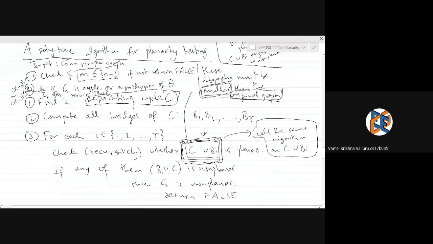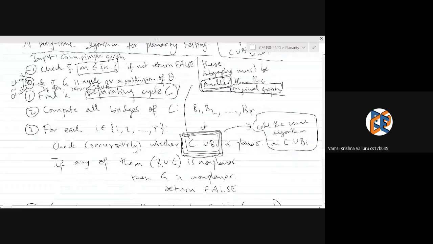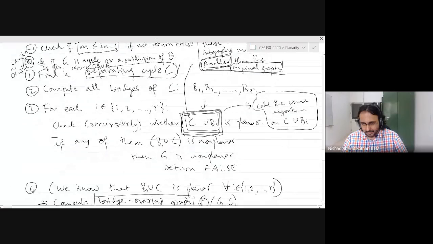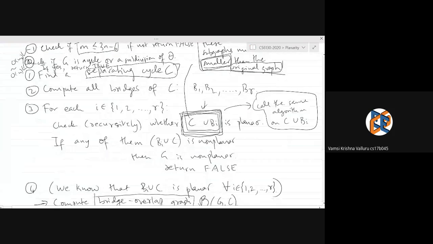You had given a proof the next day, trying to convince the rest of us using some kind of a lemma, but that wasn't using Fary's theorem. I found a neat way to do that using Fary's theorem.